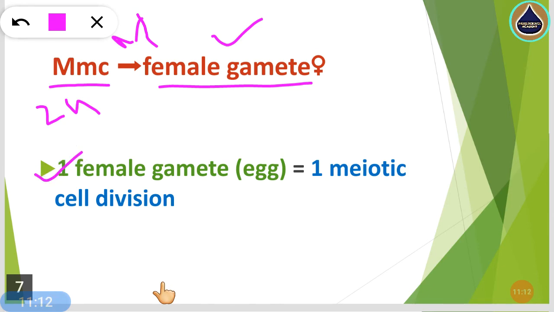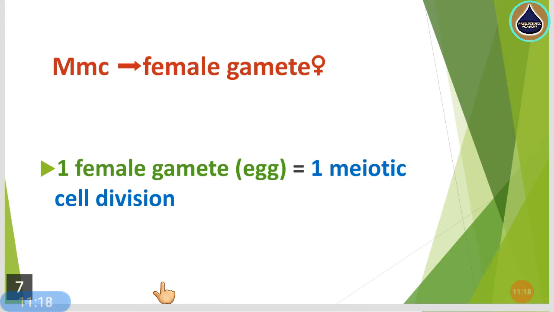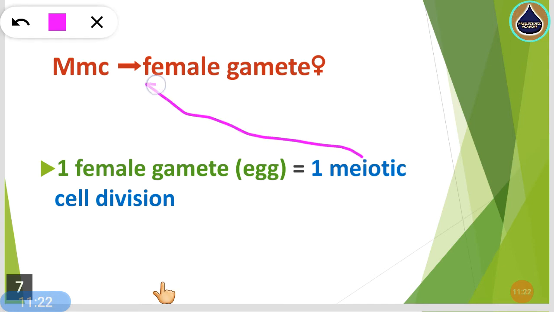One female gamete, which is also called egg, is formed by one meiotic cell division. It means by one meiotic cell division, this megaspore mother cell converts into one female gamete.